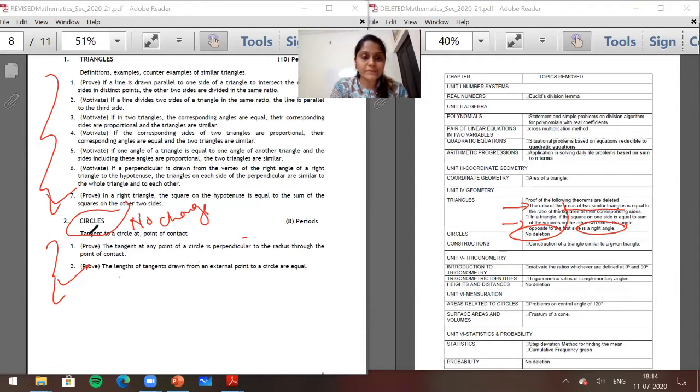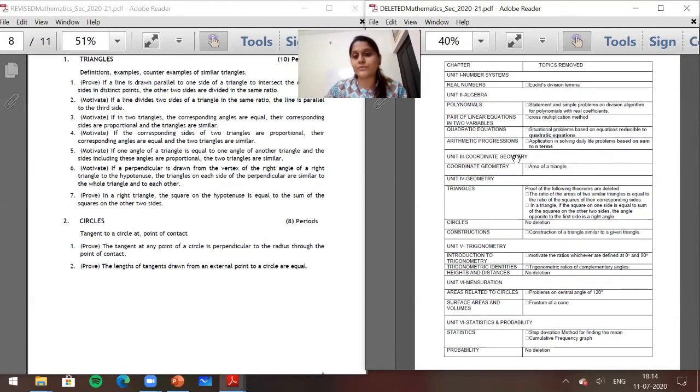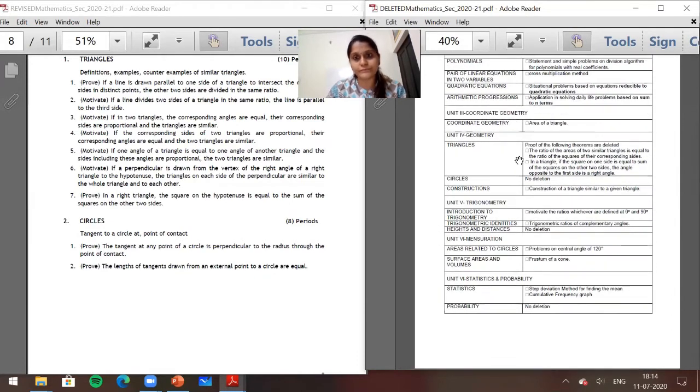And the first theorem is that the tangent at any point on the circle is perpendicular to the radius through the point of contact. Both of them are very, very important. So focus on these areas so that you can score marks easily, because scoring marks this year is very easy if you do it sincerely, right?